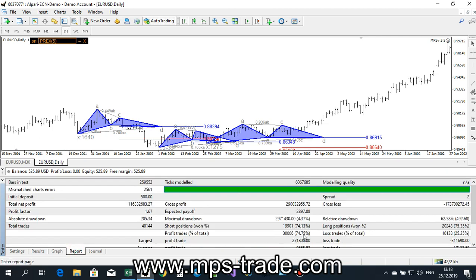Again, almost 75% win rate, but the relative drawdown was greater. It happened in the very beginning, again 62%, and probably the account was somewhere less than $1,000. That's why it was greater. But the maximal drawdown, of course, is 4%.